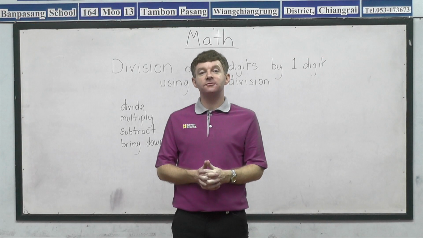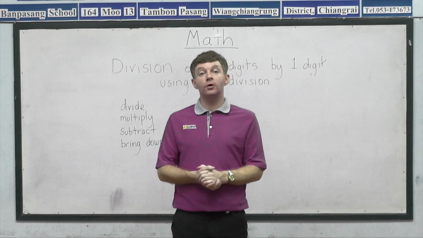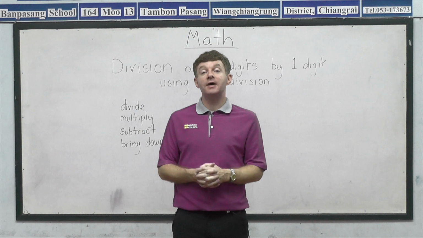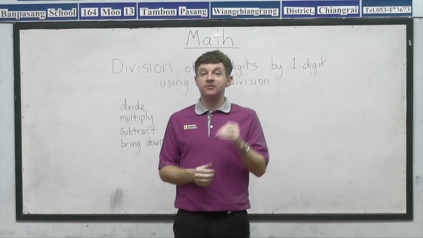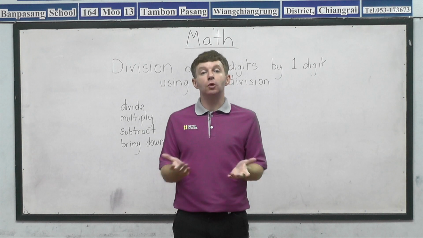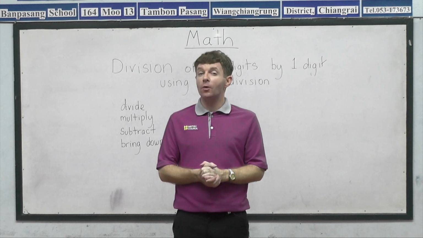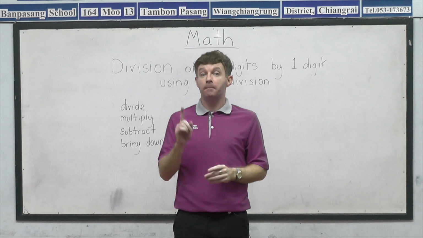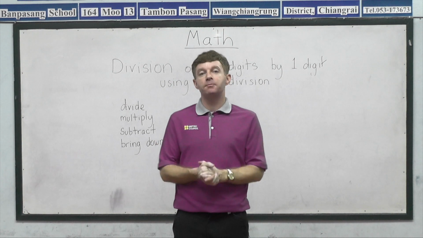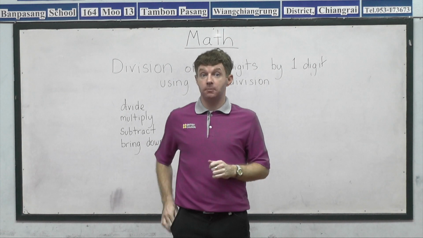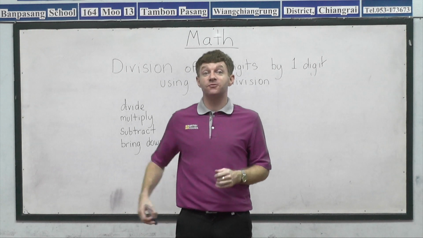Welcome back to class. We hope your students enjoyed the tutorial video of how to divide 3 digits by 1 digit using long division. In this lesson we're going to do 4 digits by 1 digit, but it's the same process, just 1 digit more, and I will demonstrate how to do it now.